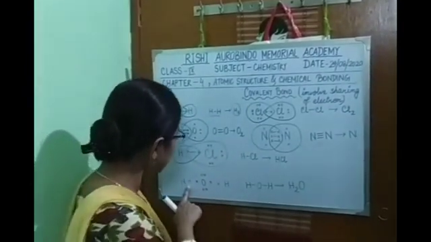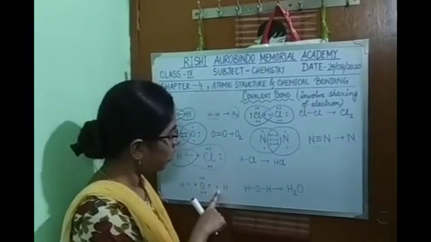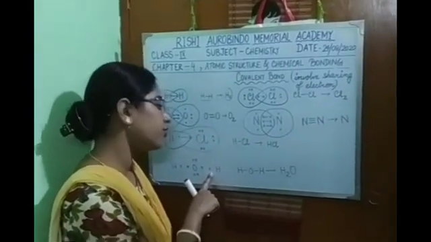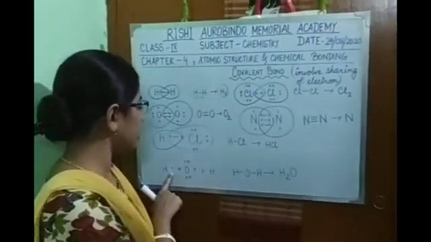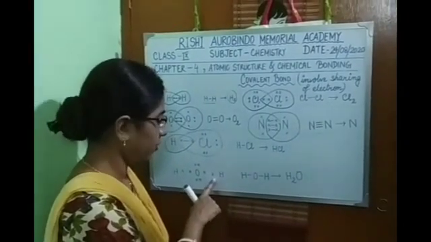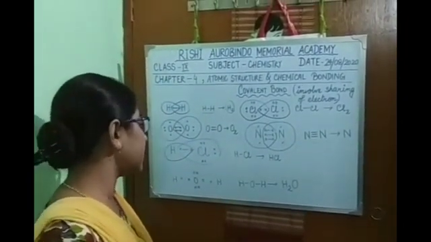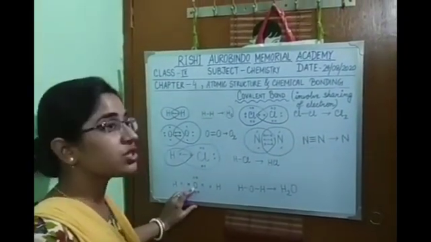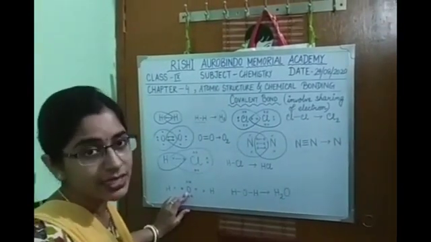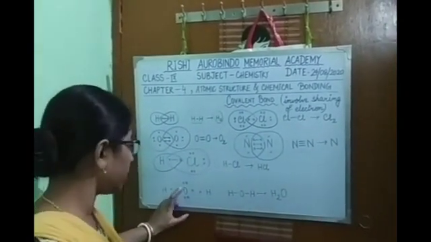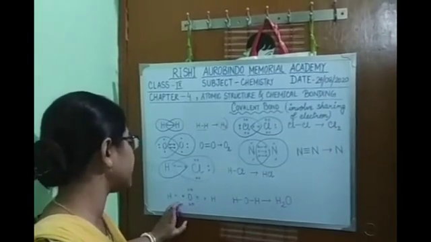So the crosses indicate the outer valence electron of hydrogen. This hydrogen has 1 and this hydrogen has 1. And in the middle there is oxygen. Oxygen has 6 electrons on its outermost shell. So 1, 2, 3, 4, 5, 6.